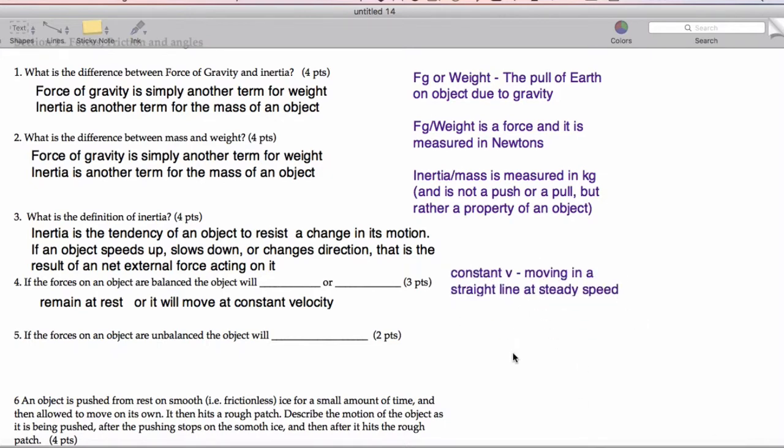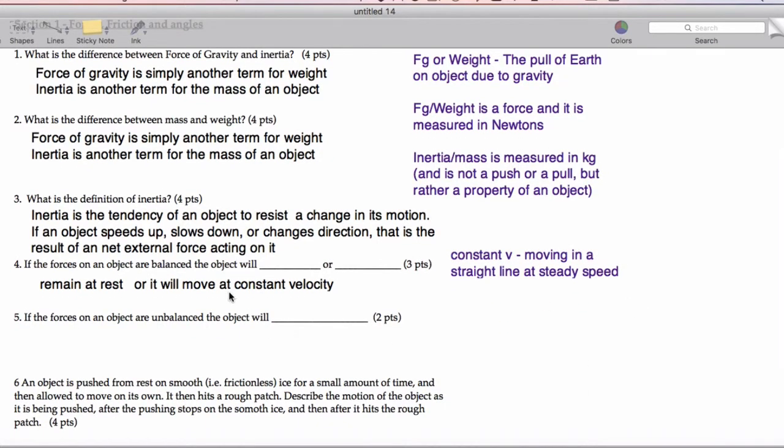And if the forces on an object are unbalanced, the object will, let's be clear, the short answer is accelerate, but let's be clear what that means in a physics class. When we say something is accelerating, there are three things it can be doing.